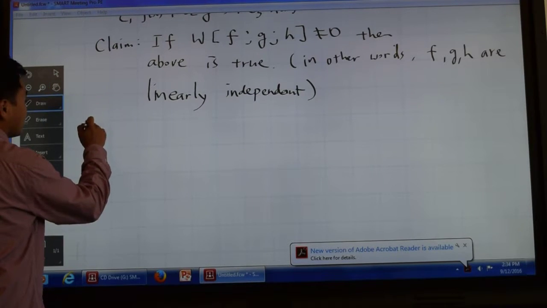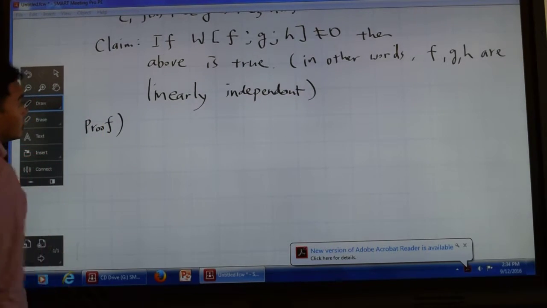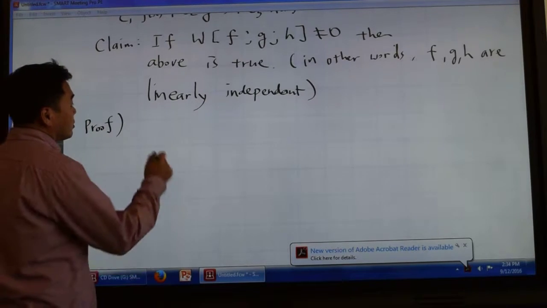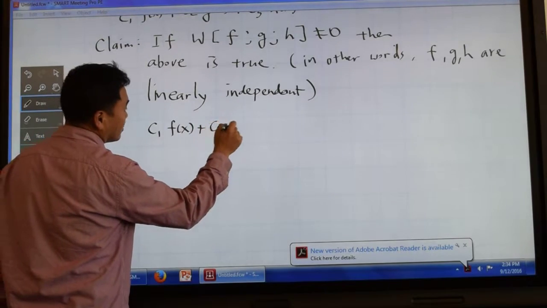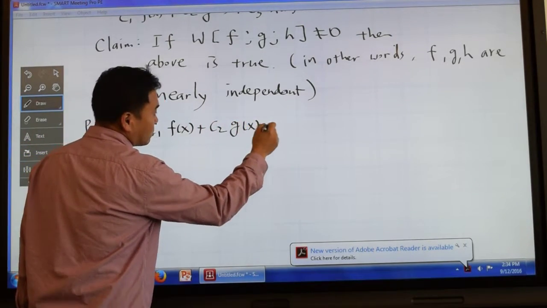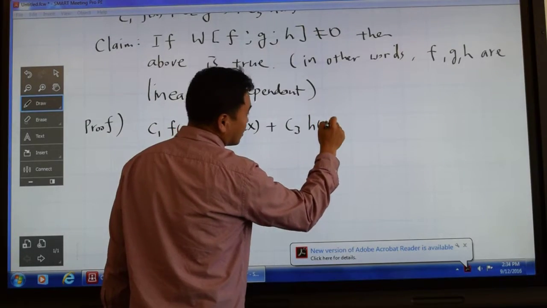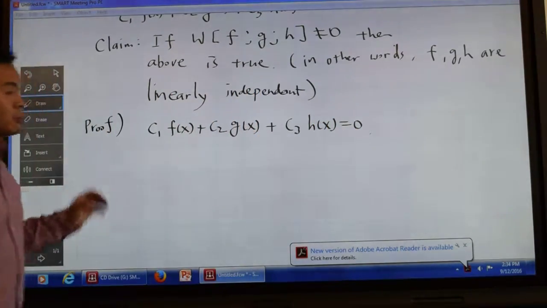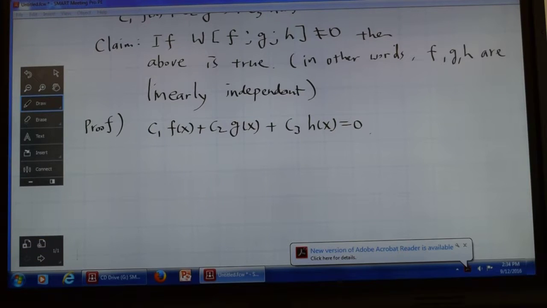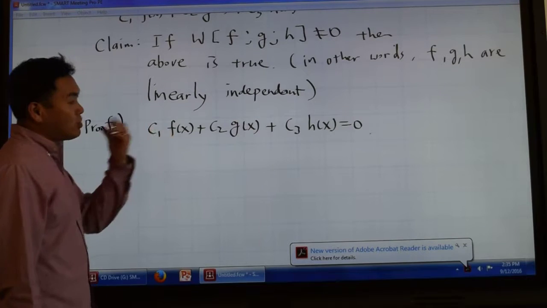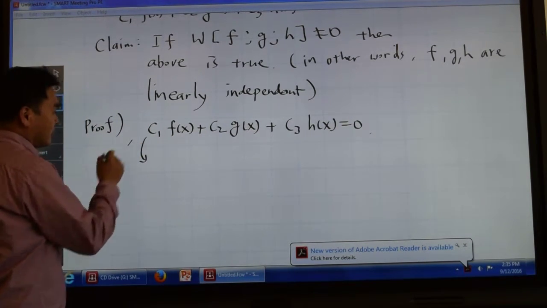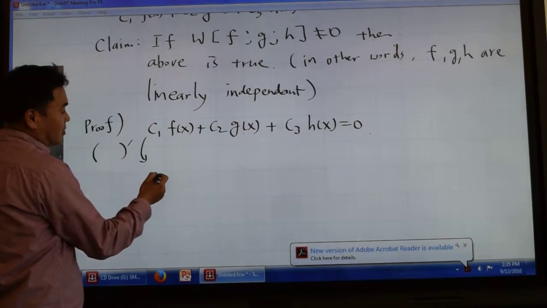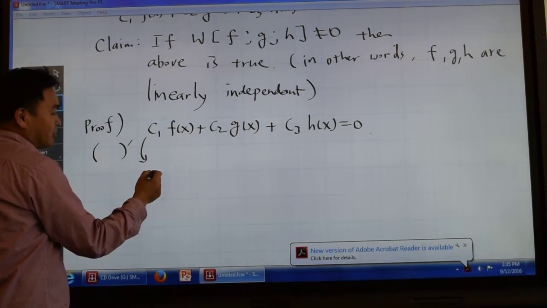Okay, proof. We start from C1 f plus C2 g and C3 h like this. This is our given, and we want to show that C1, C2, C3 are all equal to 0. Okay, because C1, C2, C3 are constants, I can differentiate both sides. And what's the derivative of the left side?